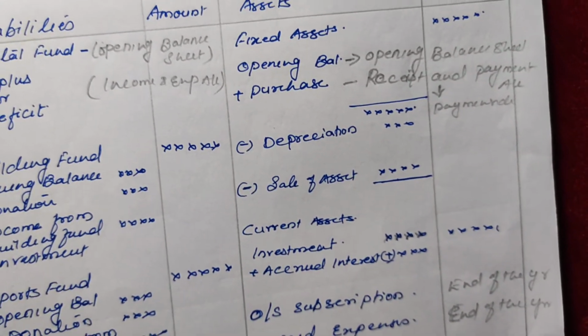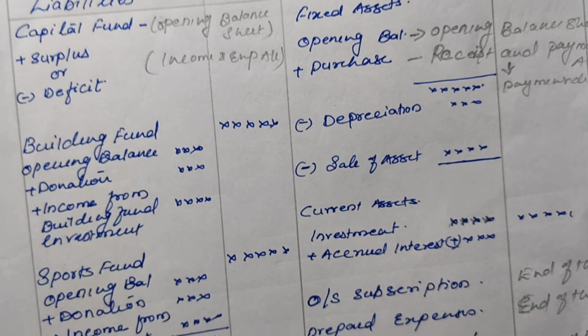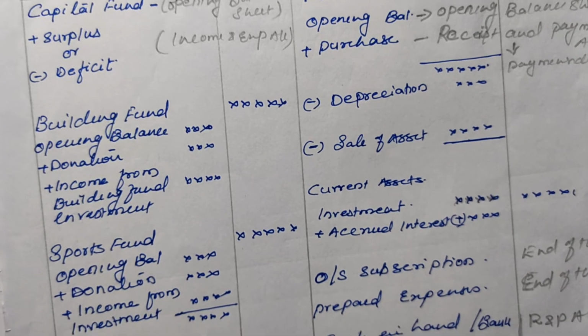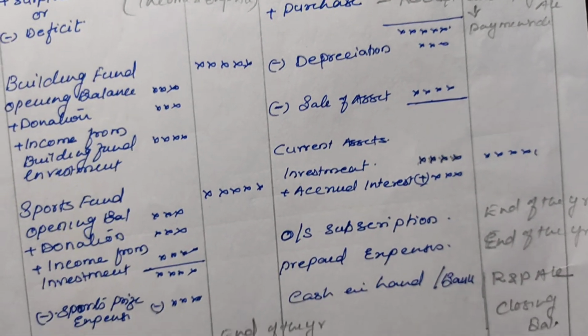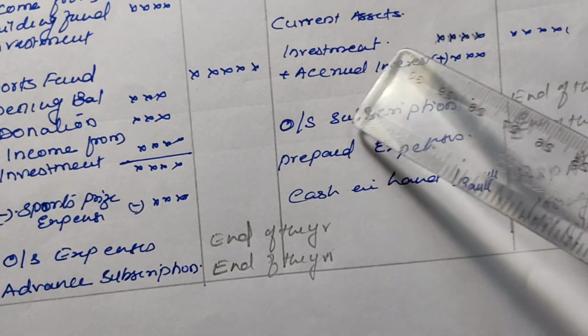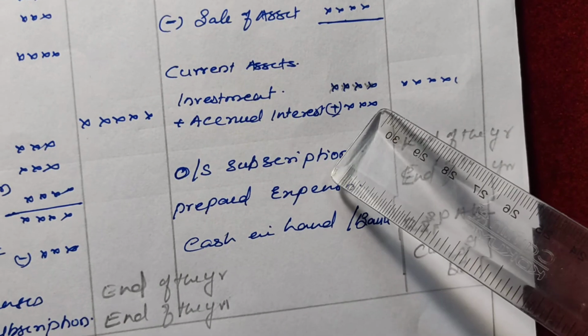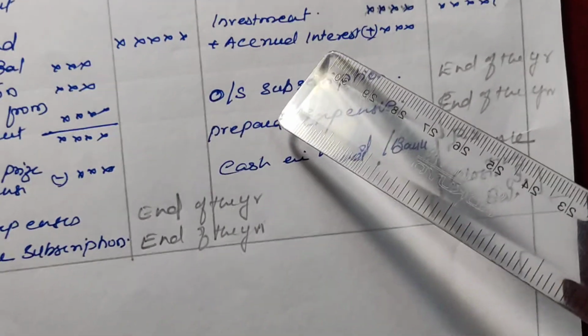So what is the adjustment of asset? Opening balance plus purchases minus depreciation minus sale. Okay, next, current assets. If any investment is there, we will write the investment on the asset side. This value also you will get from the receipt and payment account, payment side. Okay, and accrued interest.